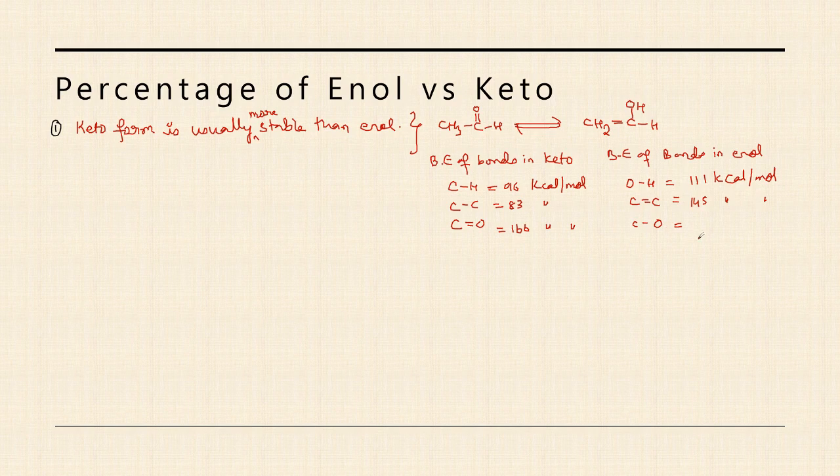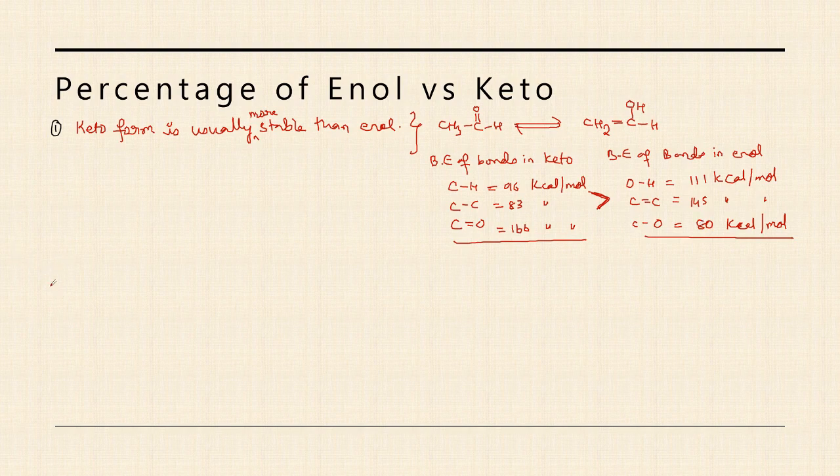And C single bond O has 80 kilocalories per mole of bond energy. इसको आप अगर ऐड कर दिए और इसको ऐड कर दिया आपने, you will find that the sum over here is more than the sum over here. So usually keto will be greater. ये मैं बोल रहा हूँ usually, okay? Usually the keto form will be greater.